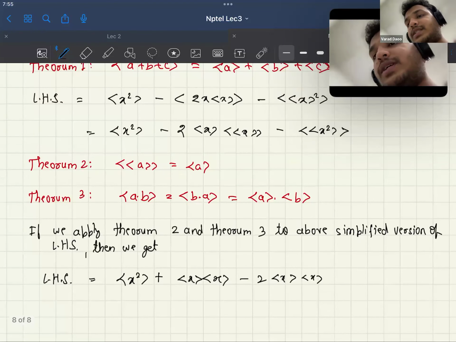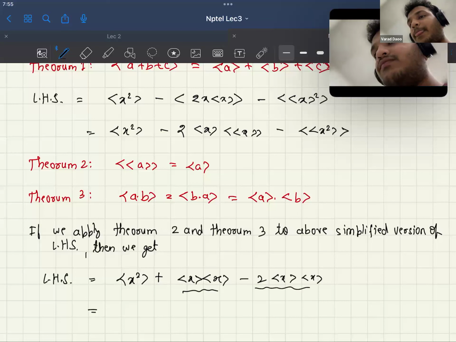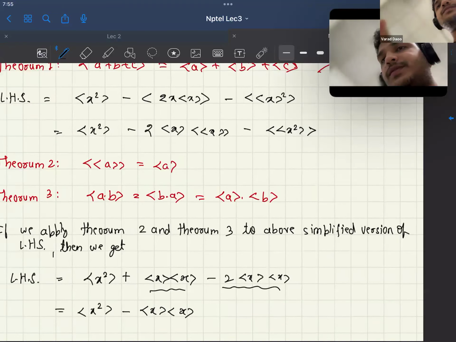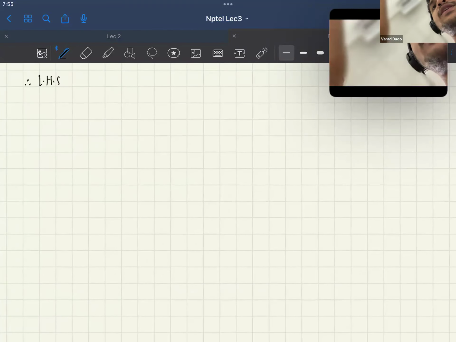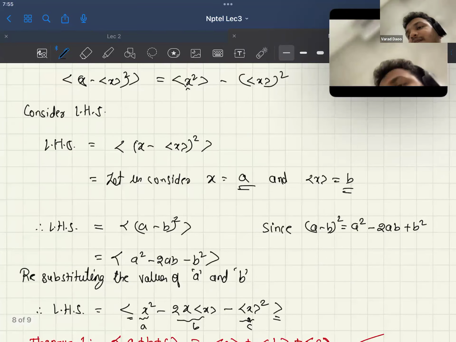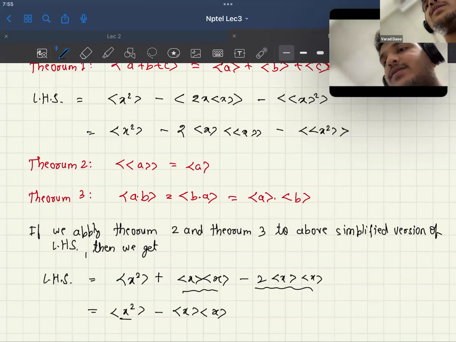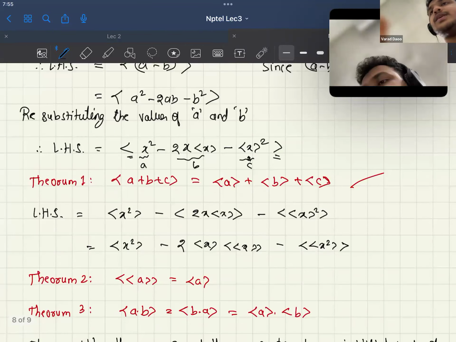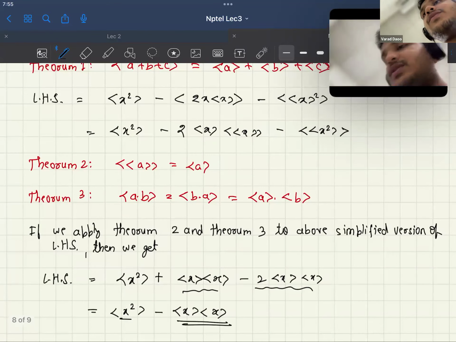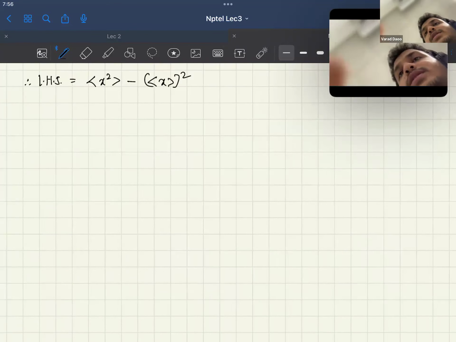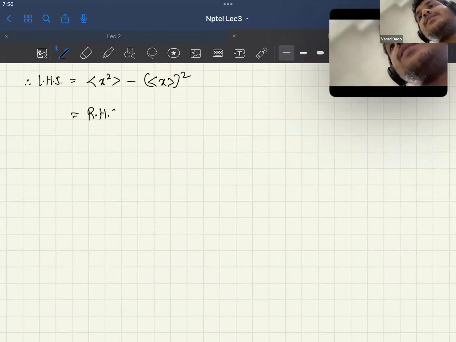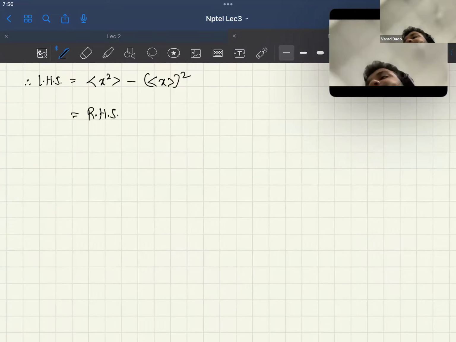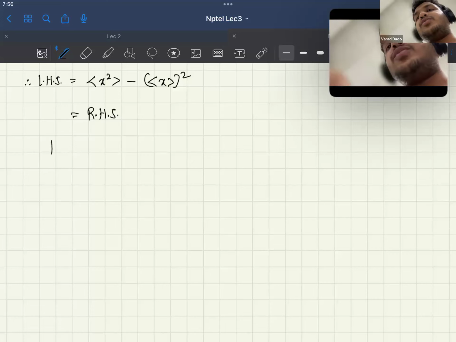So now one term gets cancelled here, average of x square minus average of x, therefore LHS then becomes what? This comes as it is, which is average of x square, and this becomes minus average of x whole square, and this is nothing but RHS. Right? Hence proved.